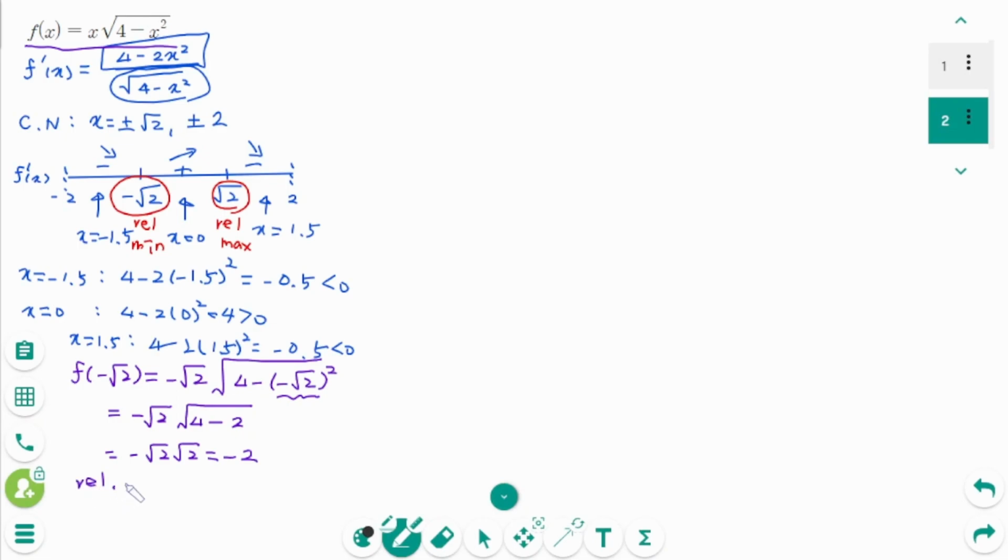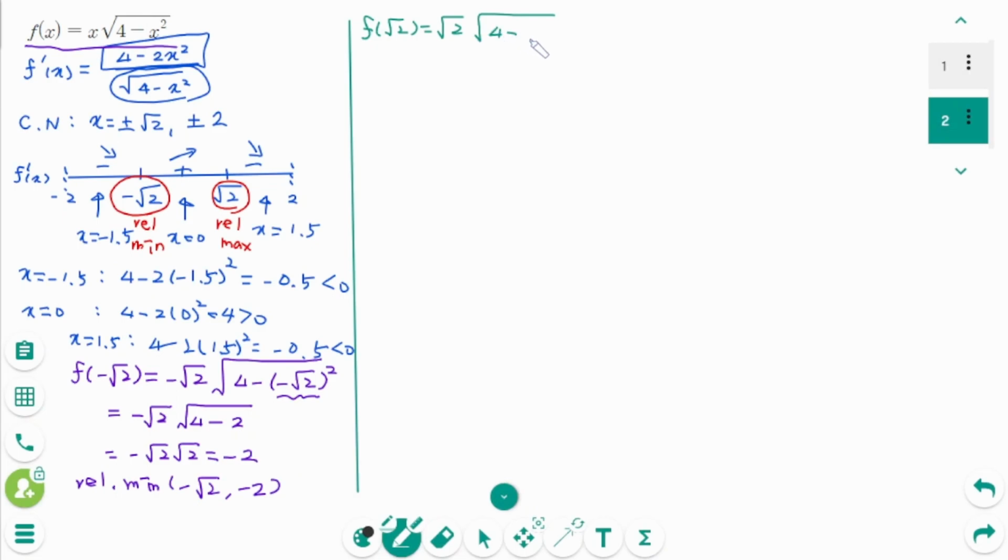The relative minimum is minus the square root of 2 comma minus 2. f of the square root of 2 equals the square root of 2 times the square root of 4 minus the square root of 2 squared, which equals the square root of 2 times the square root of 4 minus 2. Then the square root of 2 times the square root of 2 is 2. Then the relative maximum is the square root of 2 comma 2.